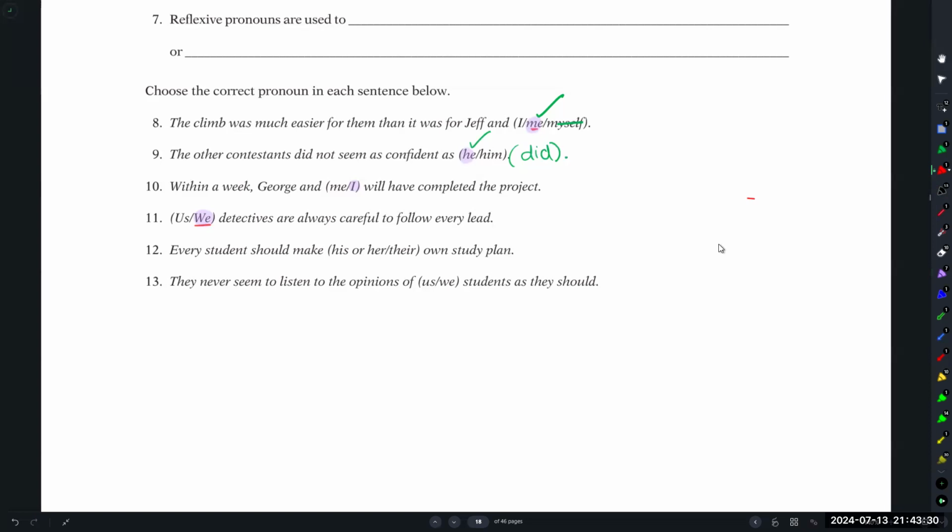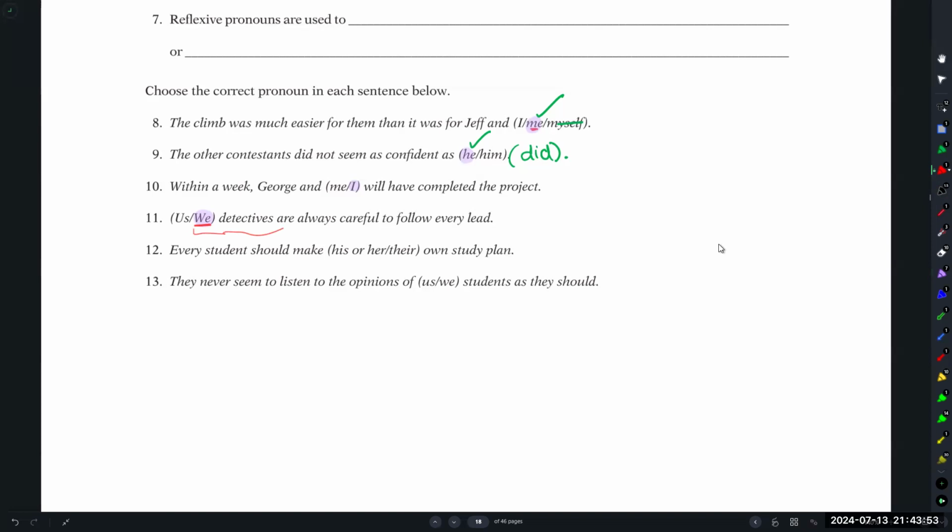It shouldn't be us. They went to the mall with us. Us is object case. What should this be? Subject case. We detectives are always careful, because this is the subject case. It's the subject, and it comes first.